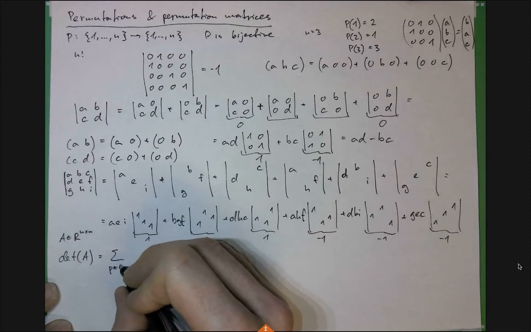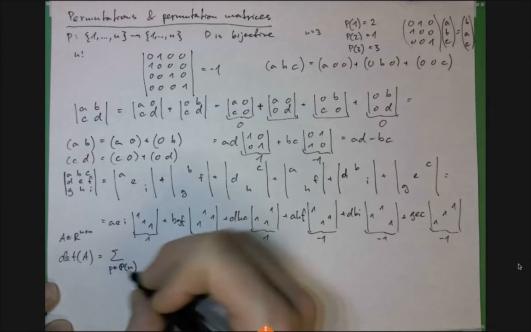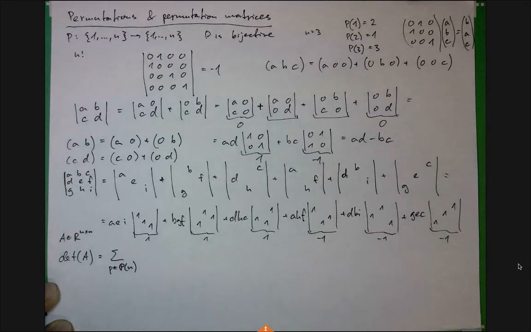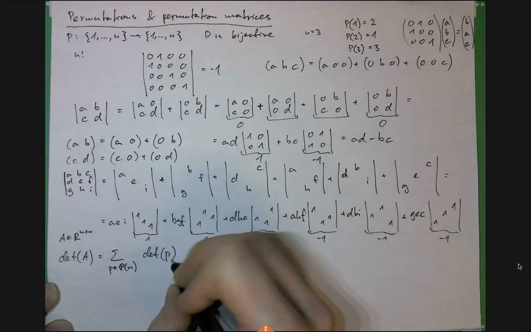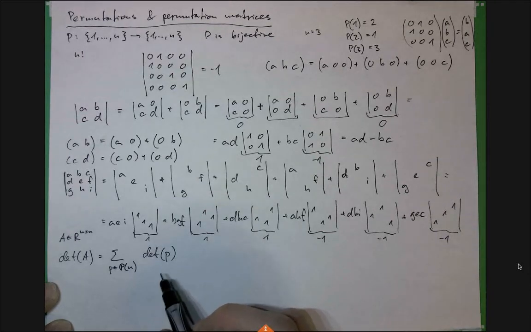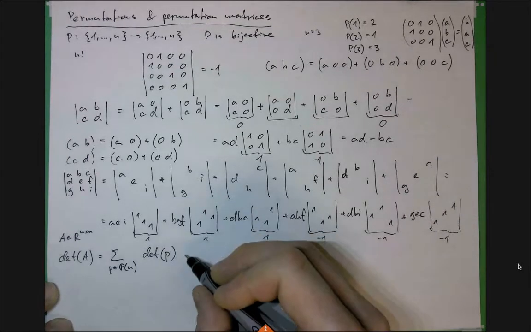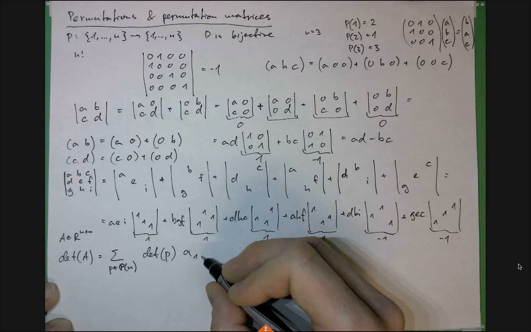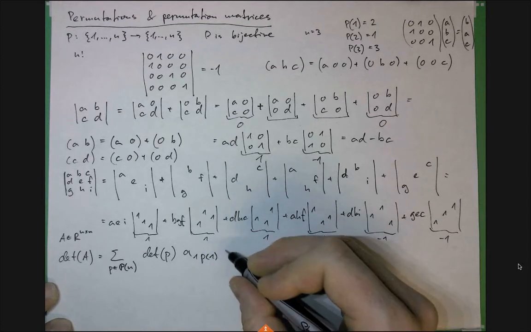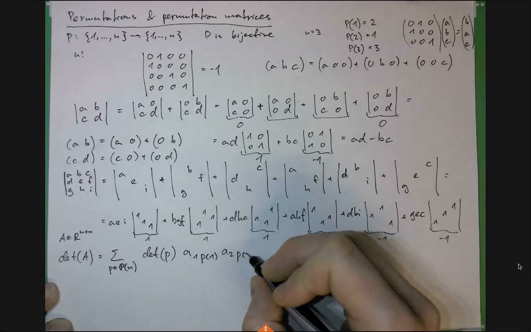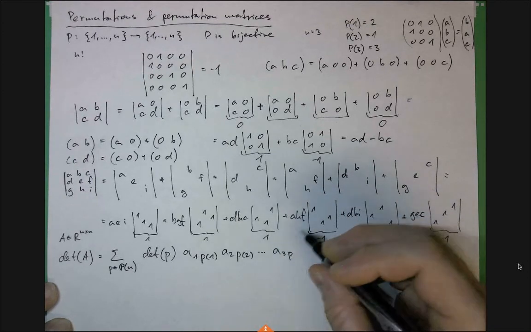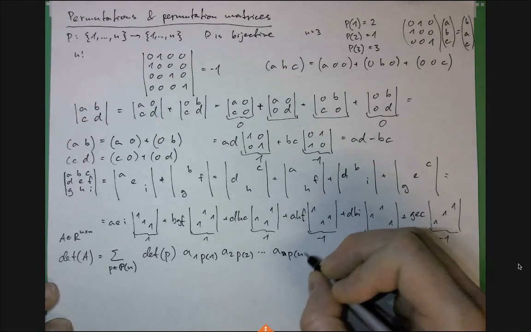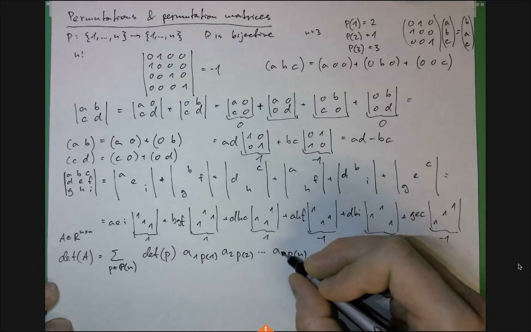I will denote by this the set of all permutations on an n-element set. And it's the determinant of the permutation, so that's either plus or minus 1, times this: A1, P1, times A2, P2, and so on, times A3, P3, up to An, Pn.